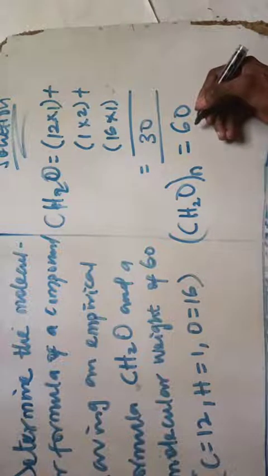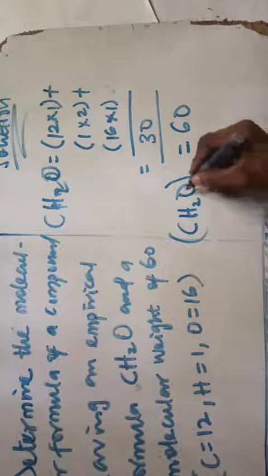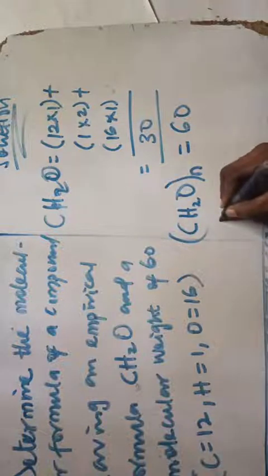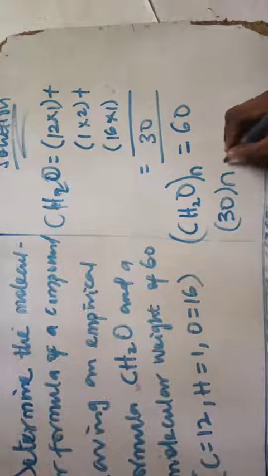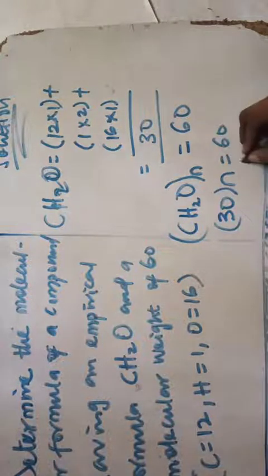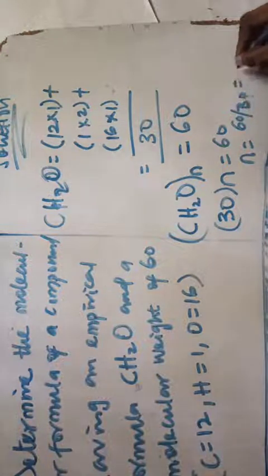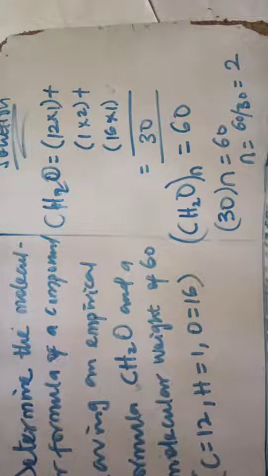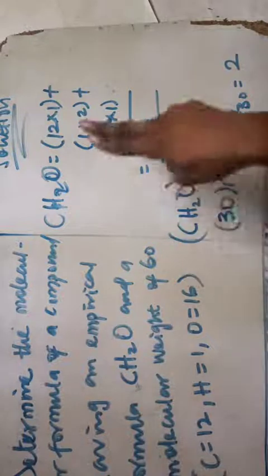Since the empirical weight is 30, you have 30n equals 60. So n equals 60 over 30, which equals 2. So the molecular weight is twice the empirical weight.